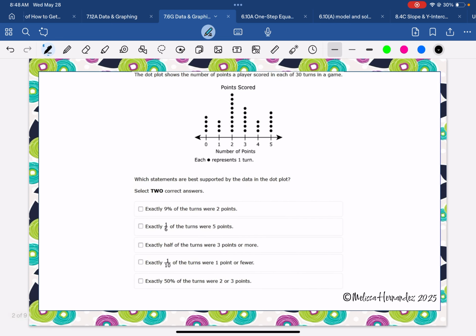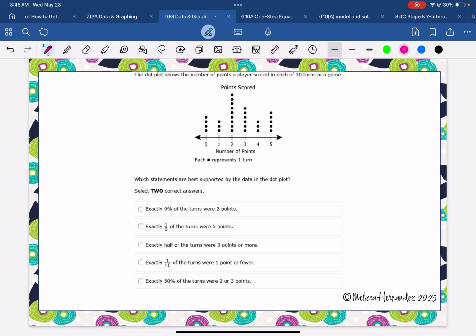It says, the dot plot shows the number of points a player scored in each of 30 turns in a game. Which statements are best supported by the data in the dot plot? Okay, so it's saying to select 2 answers. I think the only reason kids get this wrong is they don't select 2, or it's just too tedious and they don't feel like going through it.